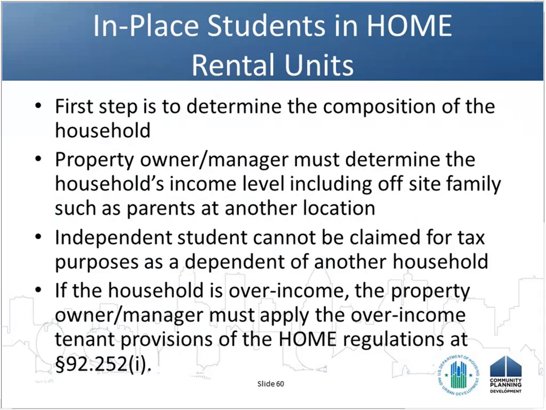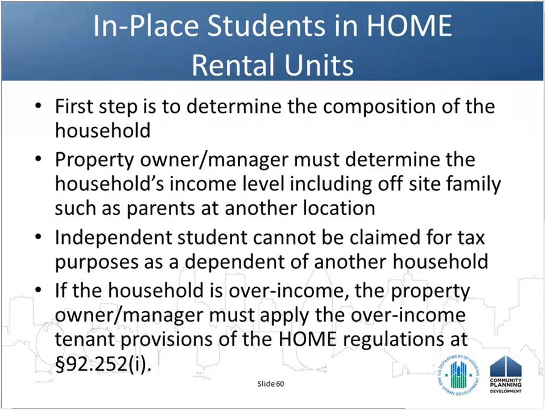This has an implication not only for someone seeking residency in one of our home-assisted units, but also as we implement this and re-verify income, where I need to check whether they are in violation of this policy. First, are they under 24? Are they a full-time or part-time student?